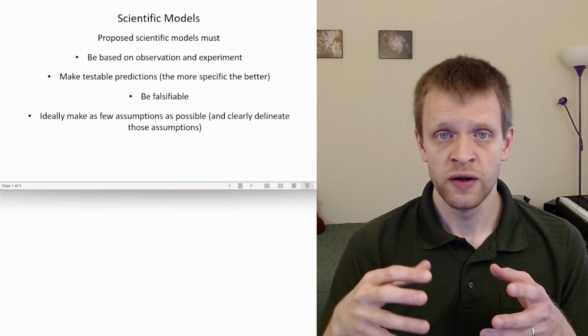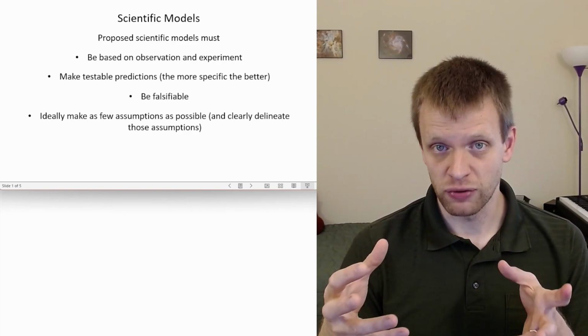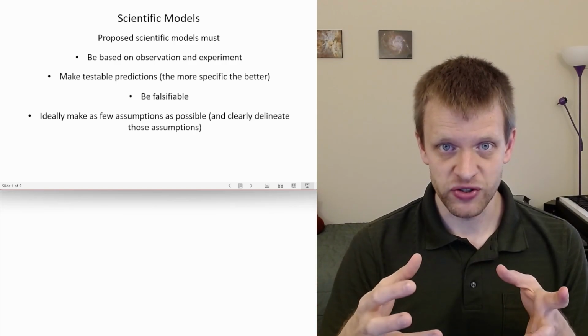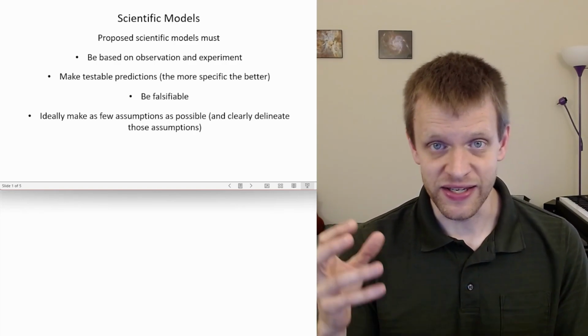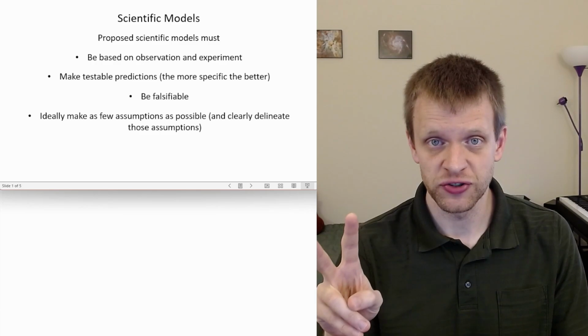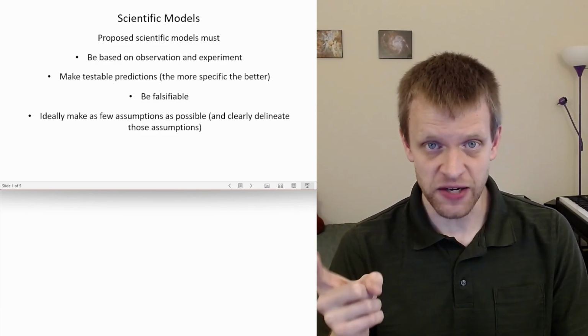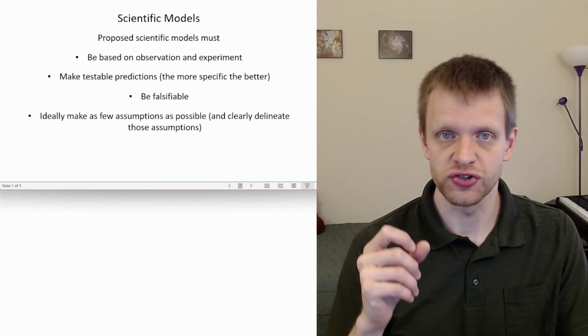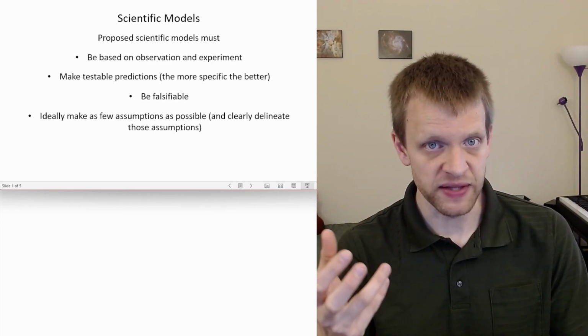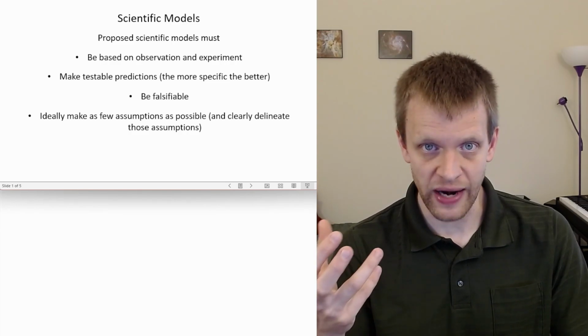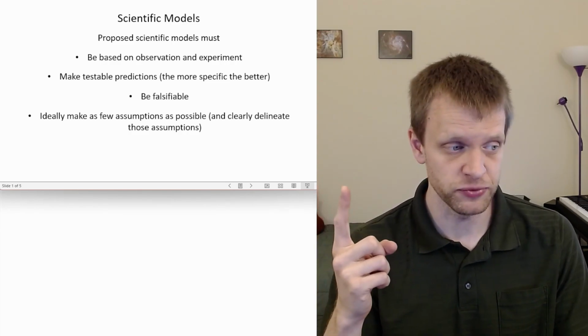For example, Einstein's theory of special relativity, what happens when you're moving closer to the speed of light, is based on two assumptions. One, that the speed of light is independent of how fast the source is moving. Again, this is something that we can try to test and see if there are errors in this assumption, but that's our first assumption.